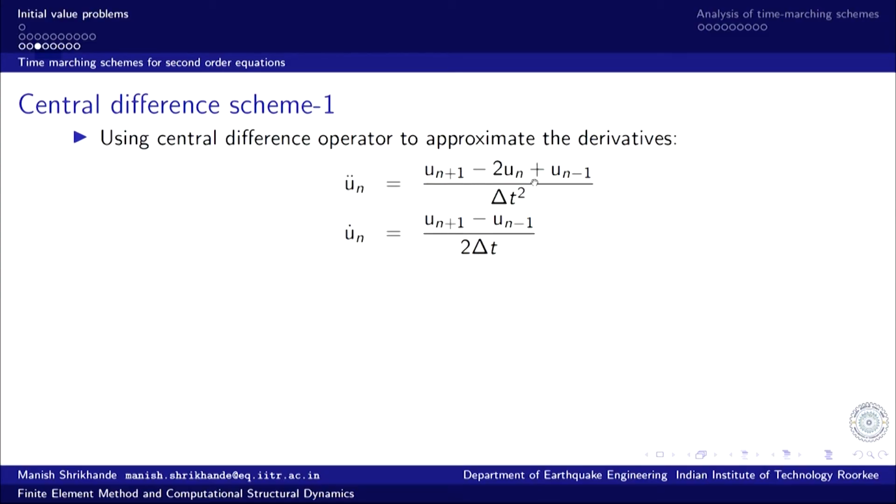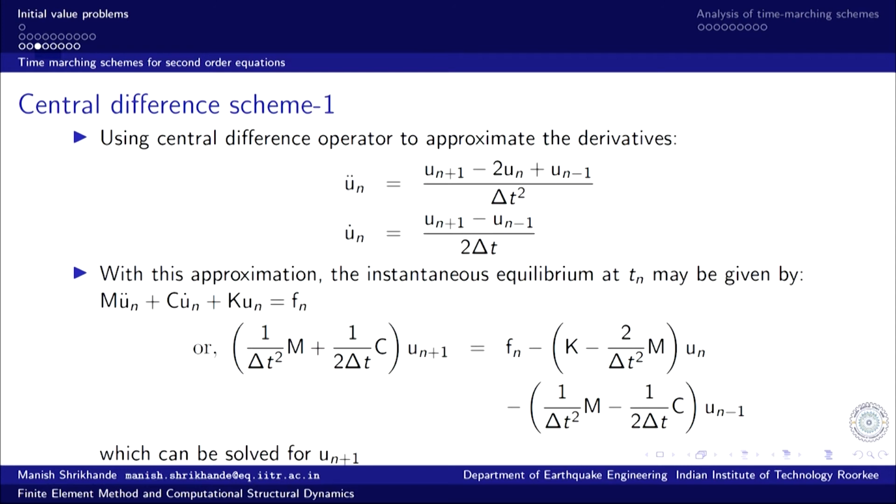Next, again with a finite difference operator, we can use the central difference scheme to approximate the acceleration at the nth time step. Acceleration at the nth time instant can be given by a finite difference operator involving function values at u n plus 1 and u n minus 1, and similarly the velocities can be given over this time interval twice delta t, u n plus 1 and u n minus 1.